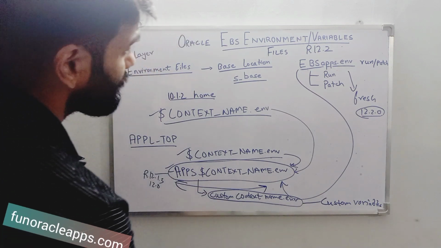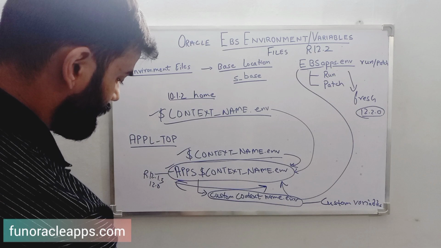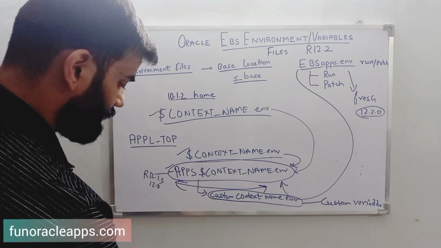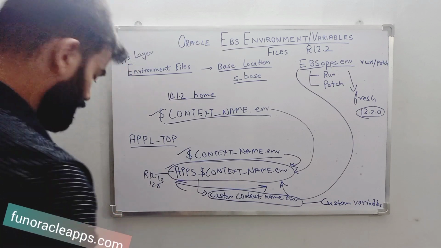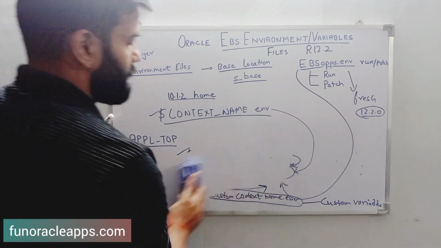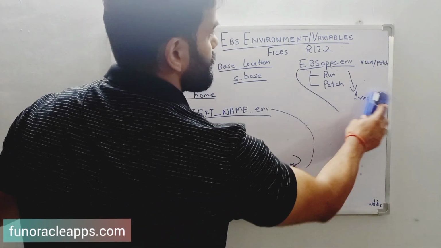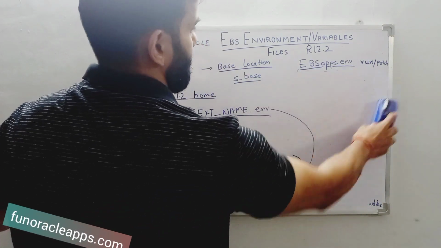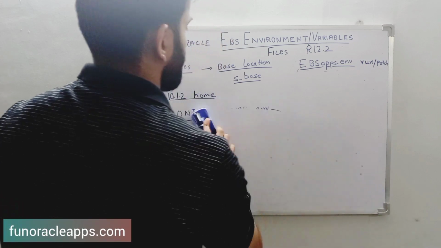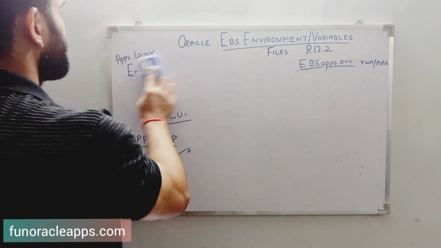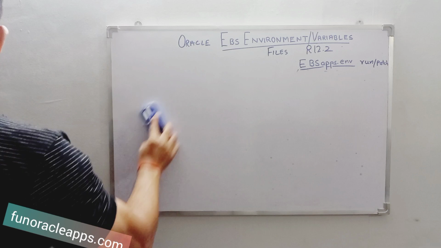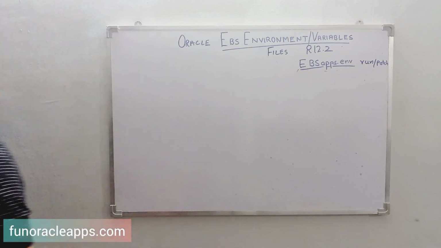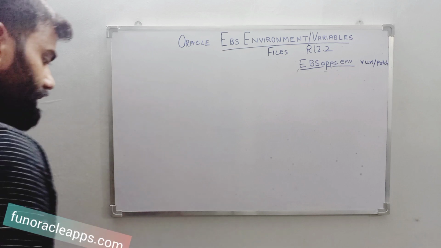Now when you are sourcing these environment files, there are certain key environment variables that you should be aware of. Whenever you are working on EBS environments or EBS instances, you should be aware of the key parameters.